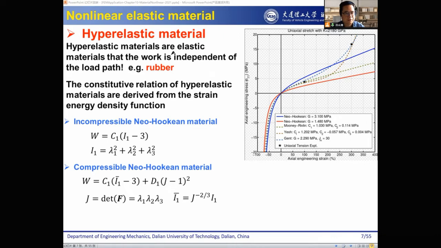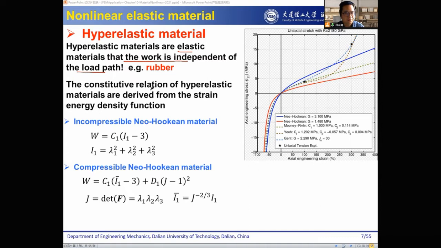Let's see the definition. Hyperelastic materials are elastic materials where the work is independent of loading paths. Which means if we load along different paths, they will have the same work. If a material exhibits this behavior, then it's a hyperelastic material.